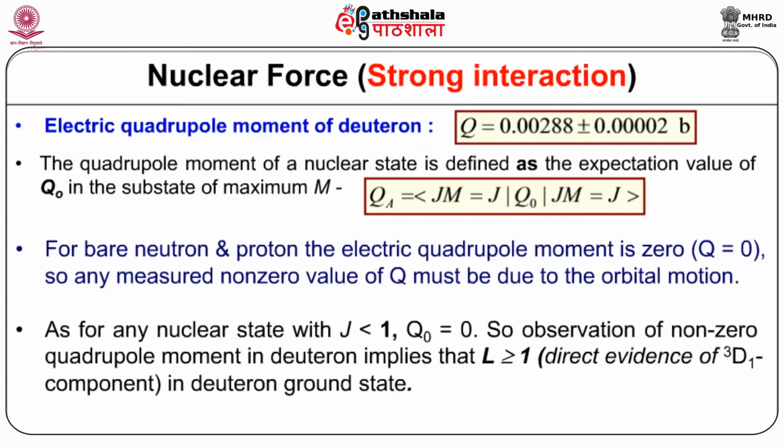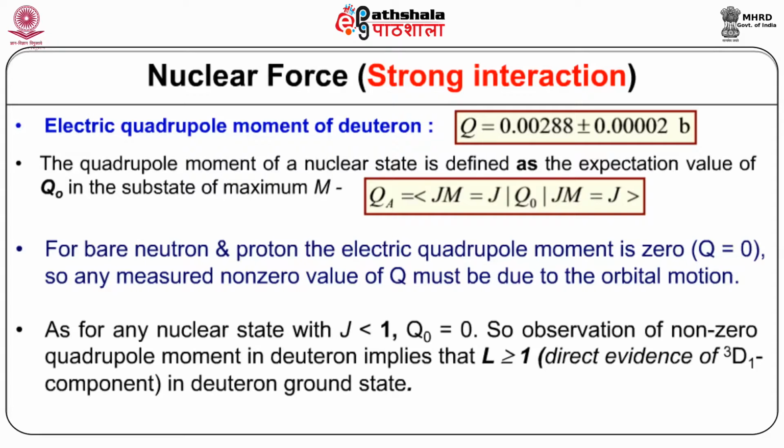So, in this slide, basically what we have learned is that experimentally the deuteron is found to have some quadrupole moment, and from our quantum mechanical theory, we know that for any state with J less than or equal to 1, the quadrupole moment is 0.